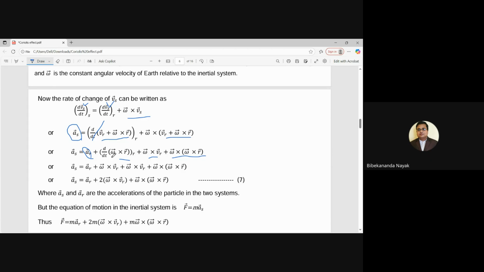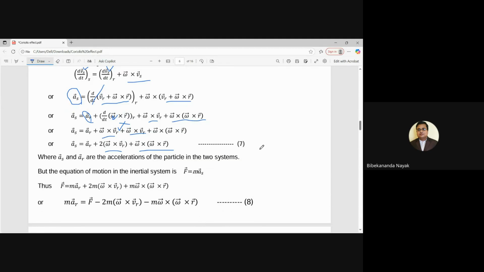The earth is rotating at a particular value of angular velocity, so in that case we can keep omega as a constant. So the derivative is taken only with r, dr by dt, which is Vr. So here omega cross Vr gives 2 omega cross Vr plus omega cross omega cross r.